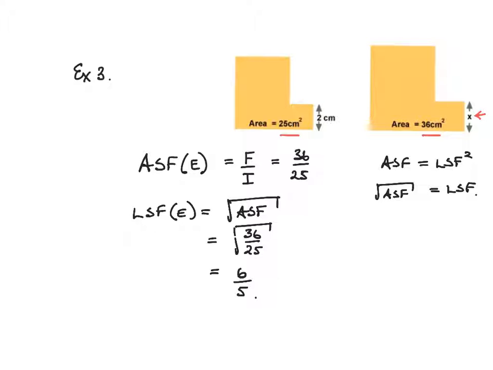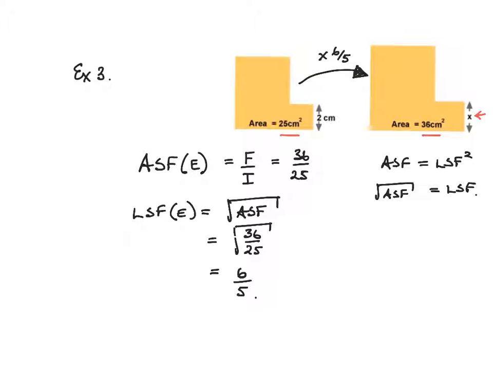So lo and behold, the scale factor for enlargement, the linear scale factor or length scale factor for enlargement is 6 over 5. What does that mean? It means that I multiply each length on the smaller shape by 6 over 5, which is an awkward fraction. We'll see how that works out.